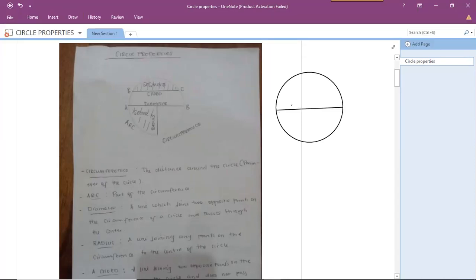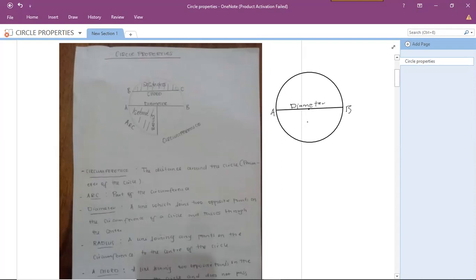So diameter is a line that joins 2 points on the circumference. Let's say that's point A and point B. Both point A and point B have been joined on the circumference by this line here, and it passes through the center. So let's say that's center O.